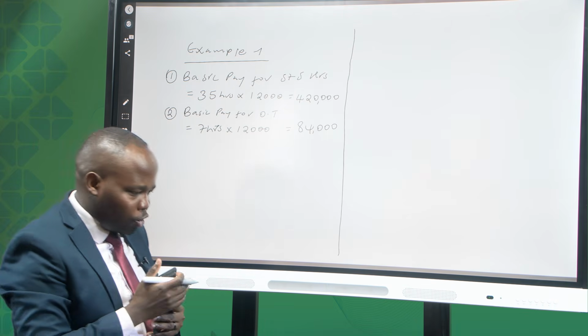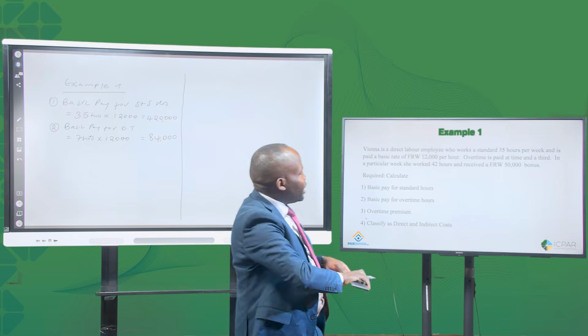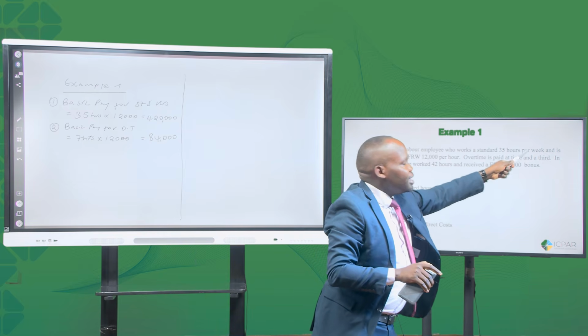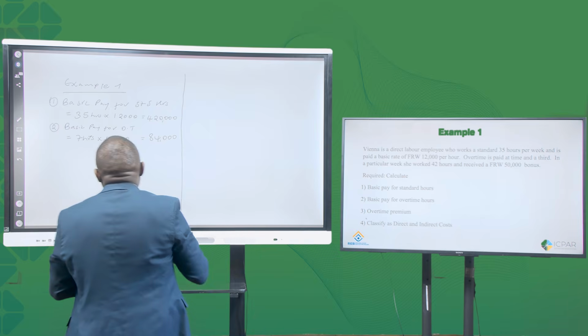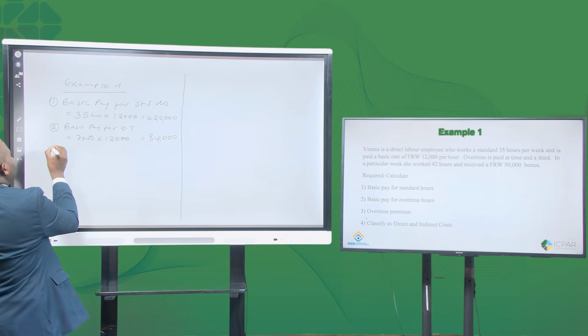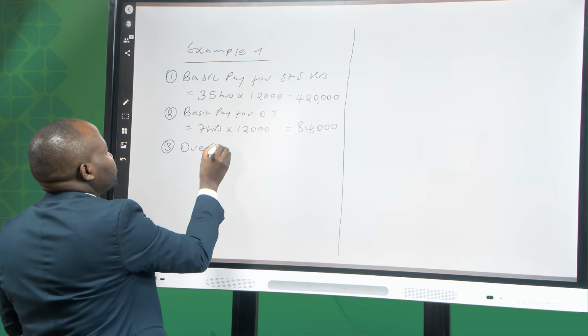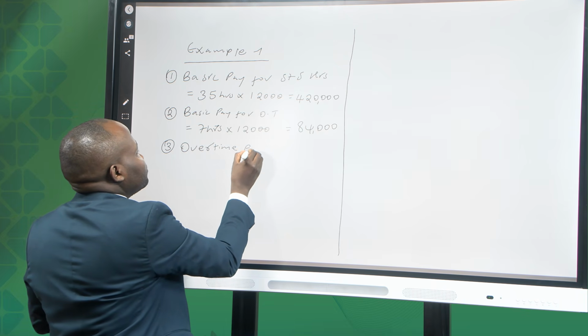But we were also told the employee is paid on a time and a third. The a third is the premium. So that leads us to number 3, what we call overtime premium.